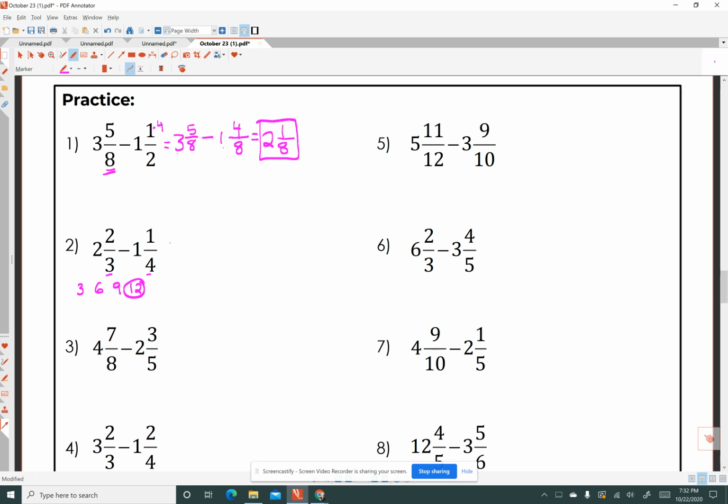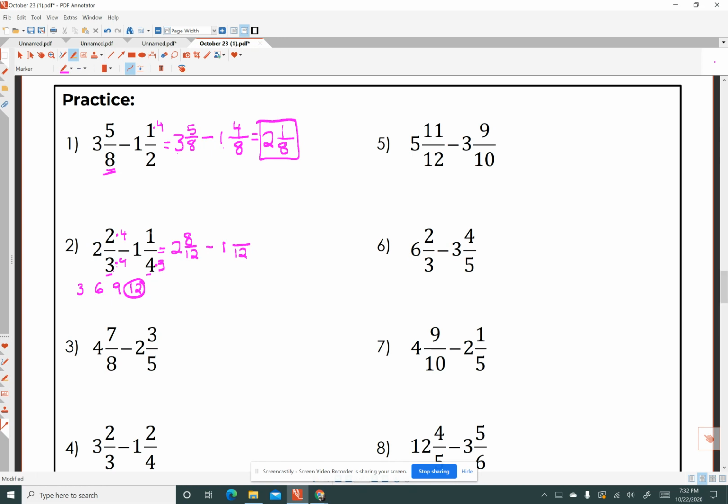So we're going to set up our problem. 2 and something 12ths minus 1 and something 12ths. So 3 goes into 12 4 times. So 3 times 4 is 12. We multiply the numerator by 4. 2 times 4 is 8. Now 4 goes into 12 3 times.